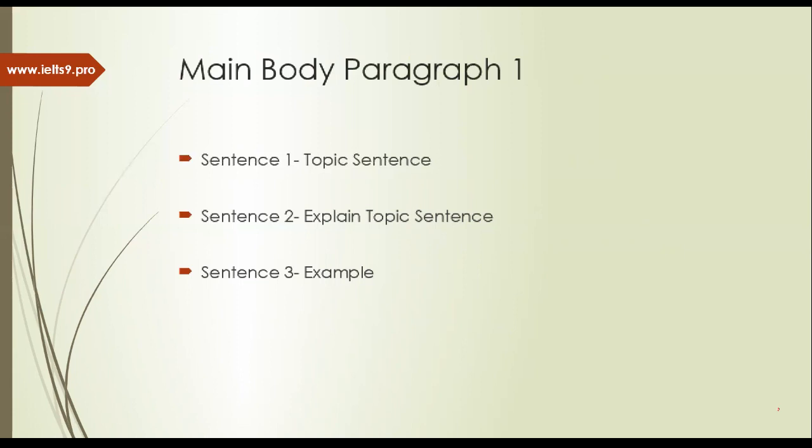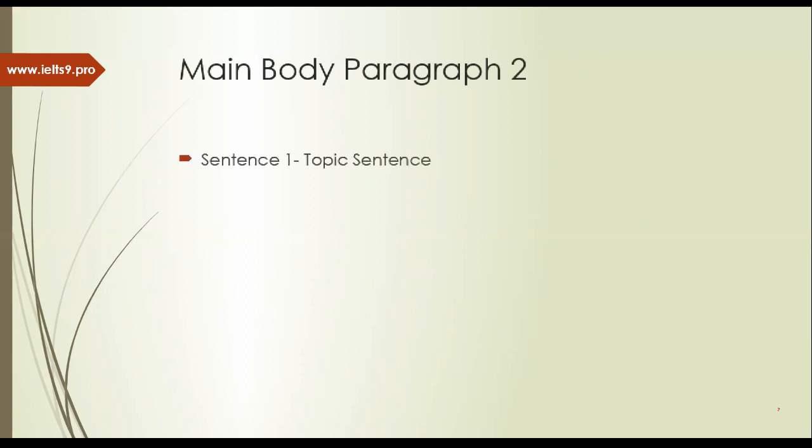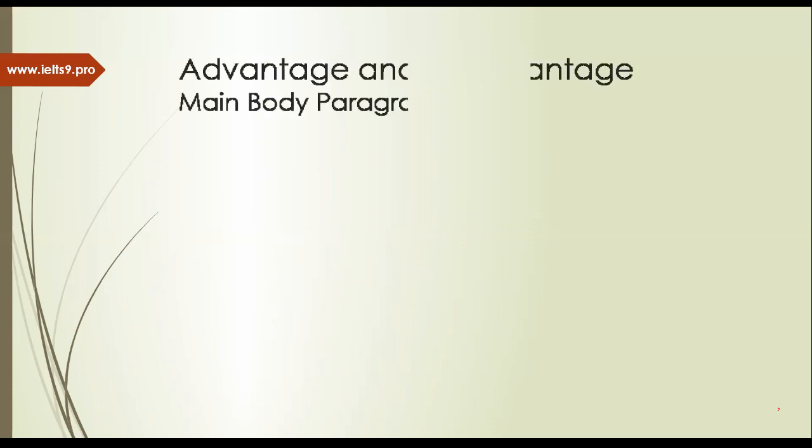So it's possible that under pressure of the examination, you may have to develop and explain your ideas a little bit more, maybe with a 3rd sentence, maybe a 4th. Your example may be sentence number 4, for instance. However you do it, you need to introduce what the main idea is, give some explanation of it, and give a specific example. The same for paragraph 2: your topic sentence, explain it, example. So there's only 2 ideas in an essay, essentially.